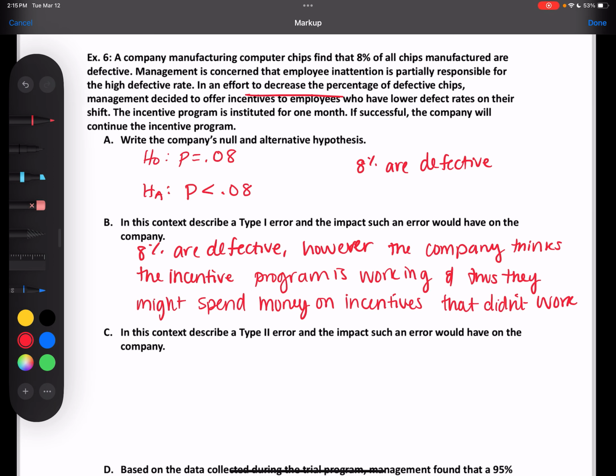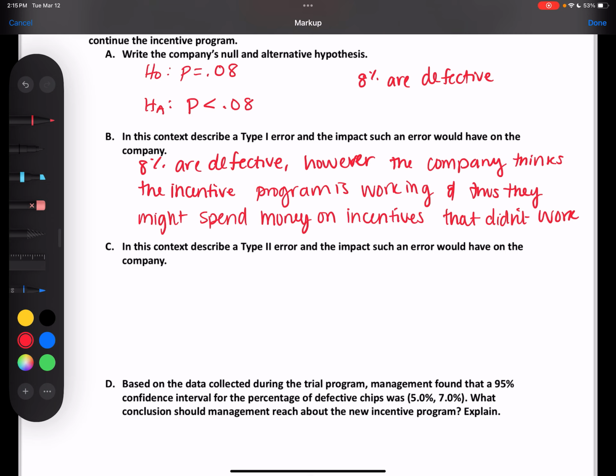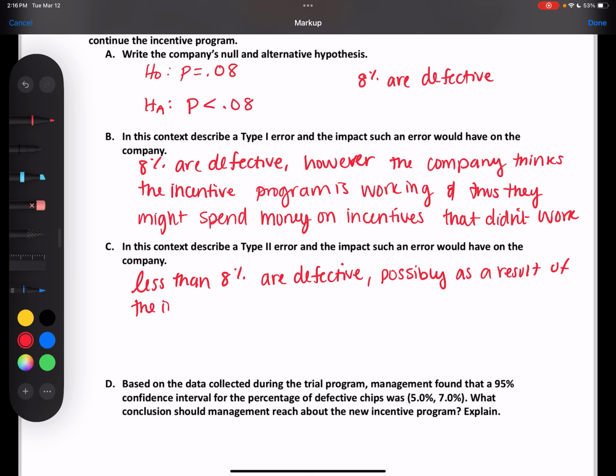All right, how about type 2? So less than 8% are defective, but they don't realize the program's working. So less than 8% are defective, possibly as a result of the incentive program, but we don't know that, so that's why I said possibly.